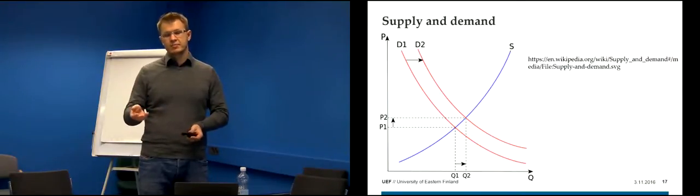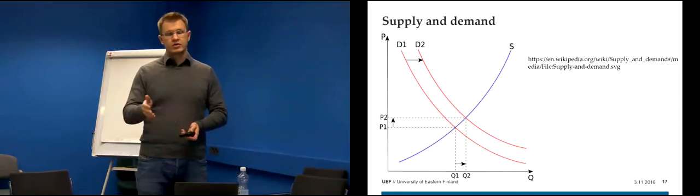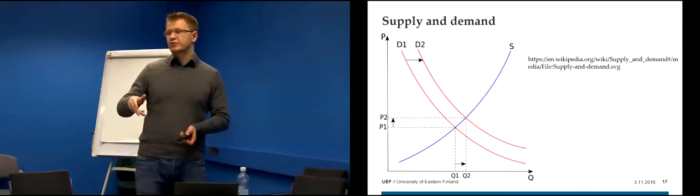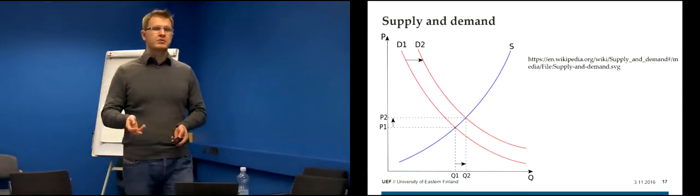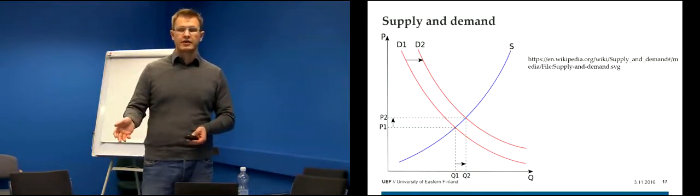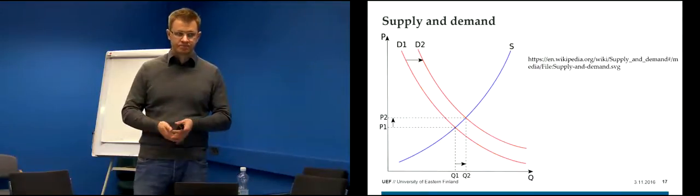And the same is with Airbnb. When the hotel prices in Ilosaari Rock in Joensuu are really high during that one weekend in summer, it also means that if you rent out your apartment as an Airbnb apartment, you will be able to get much more money than if you would rent the apartment during a normal weekend.